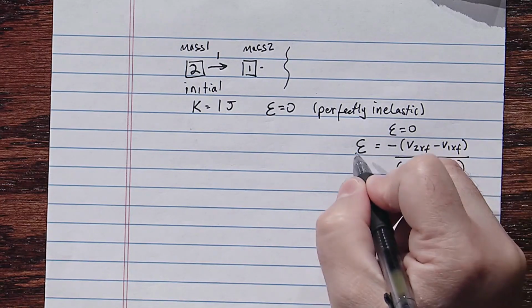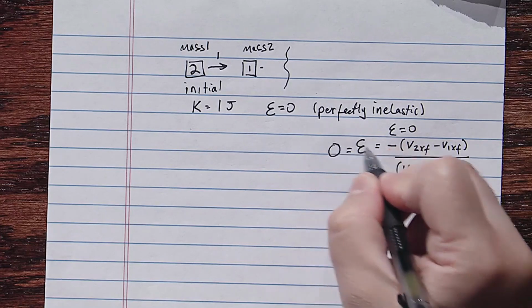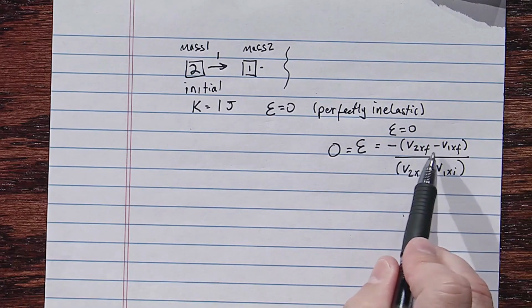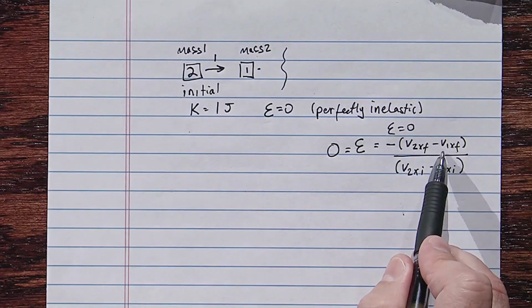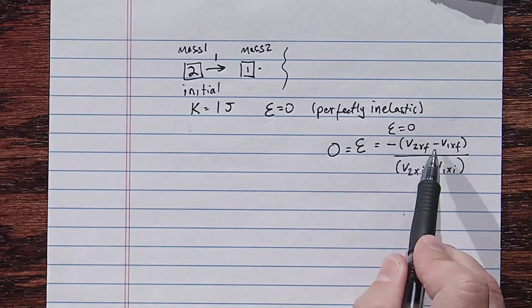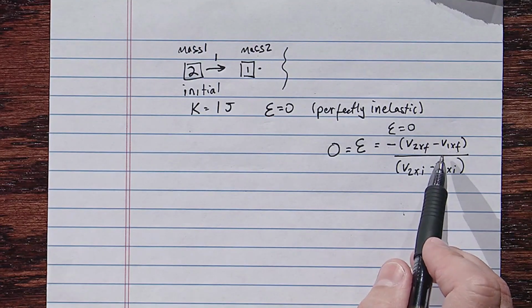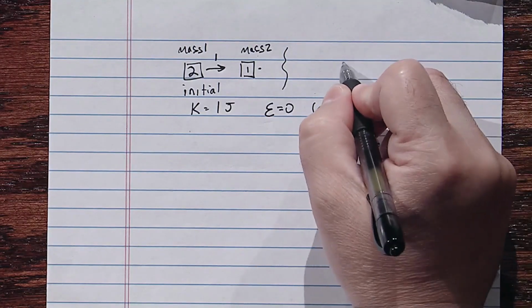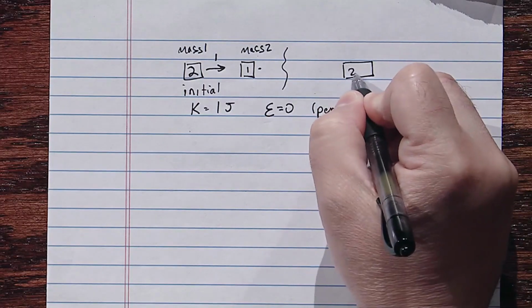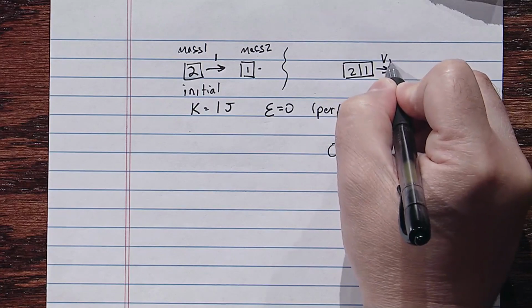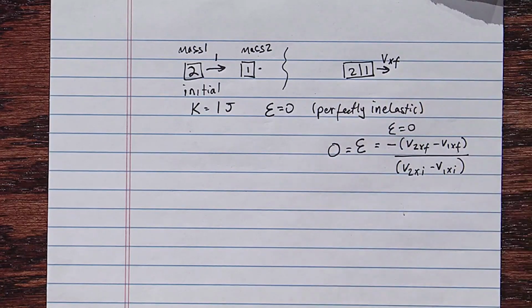And if E is equal to 0, then the only way that that can happen is if V2x final is equal to V1x final, or these two objects have the same V final. So we know that they are stuck together and they're moving with Vx final, whatever it is.